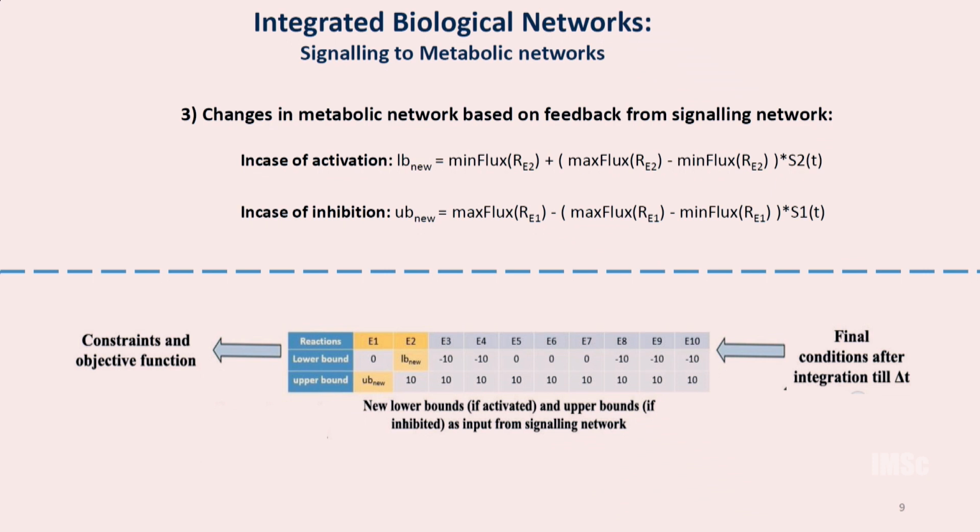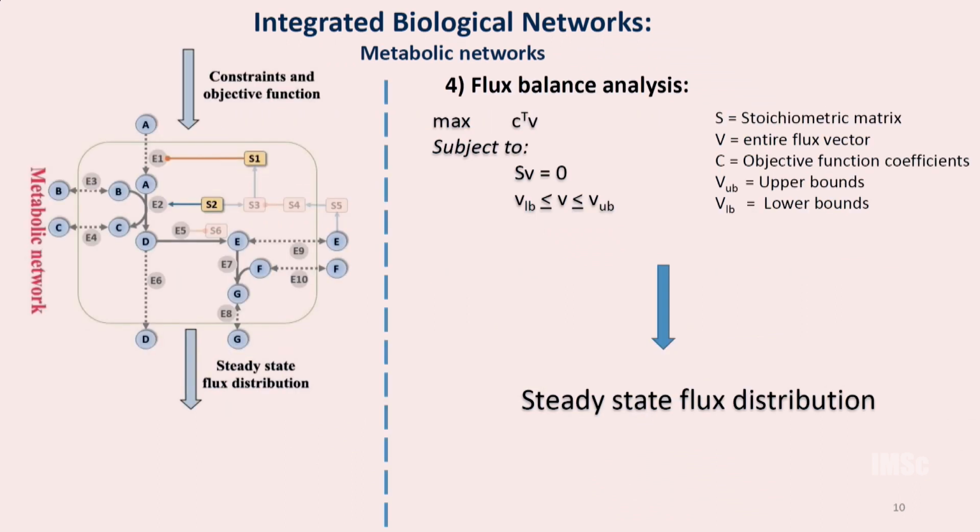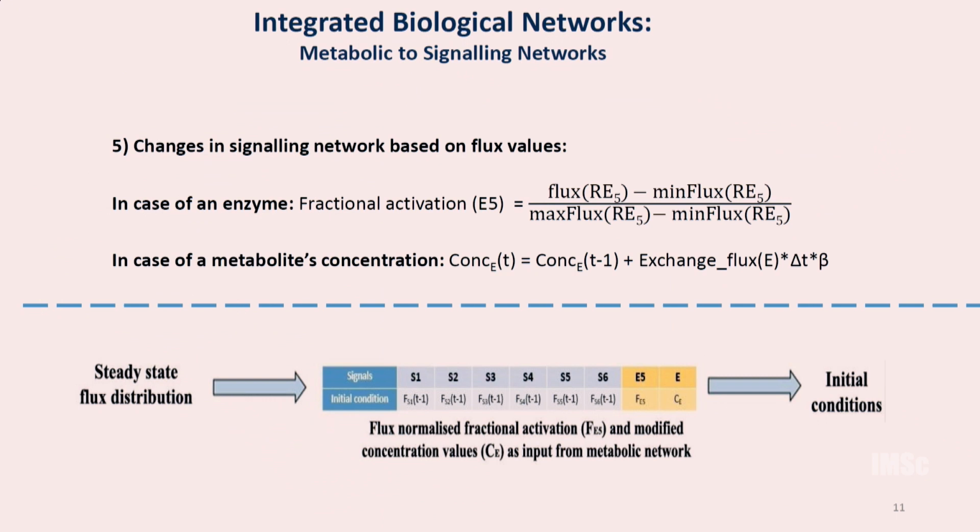What we have to change are the bounds, providing feedback from the signaling networks which either changes the lower bound or the upper bound. By using the activation of the molecules, we can change the bounds. Once we change the bounds, under that new bound condition we can simulate the system for some time delta t, and then again we have a new steady state distribution. We take this steady state distribution and try to connect metabolic network pathways with signaling pathways.